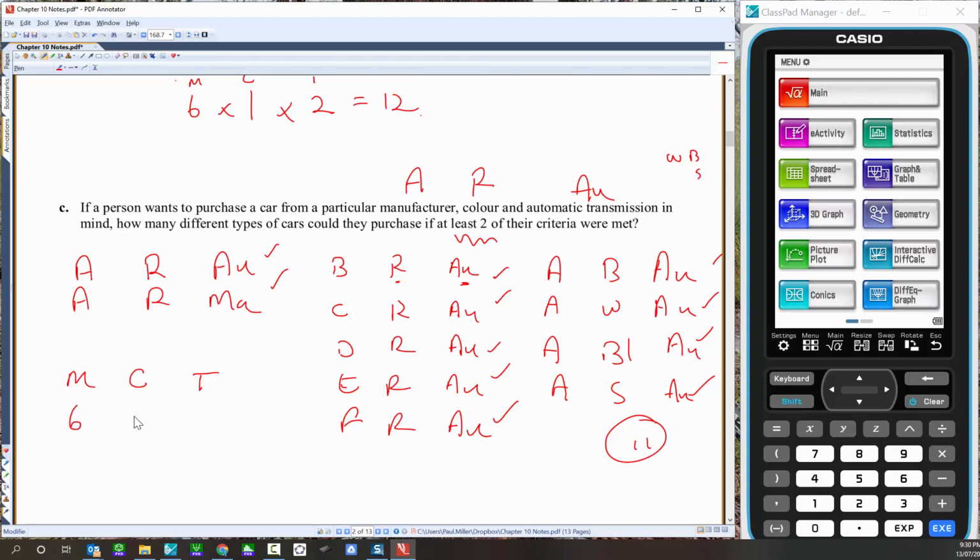And what we'll do is we'll say that there's one particular color that we're focusing on and 1 type of transmission. That was 6 cars. Then we considered the other option, which is 1 manufacturer, 5 different colors, 1 different transmission, which is 5. Now what happens here is that we would actually stop and add those together to get 11 as well.